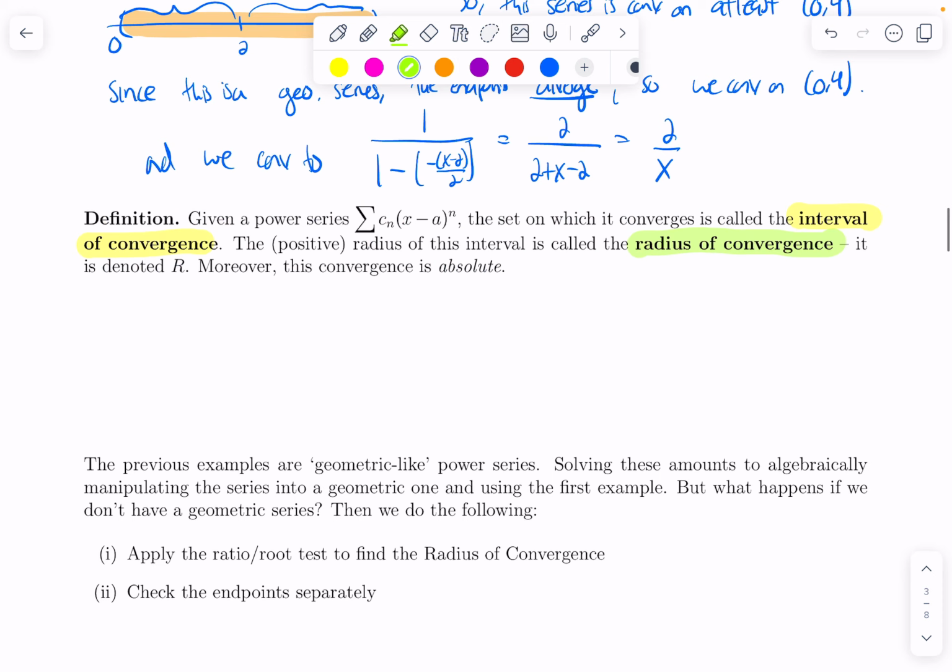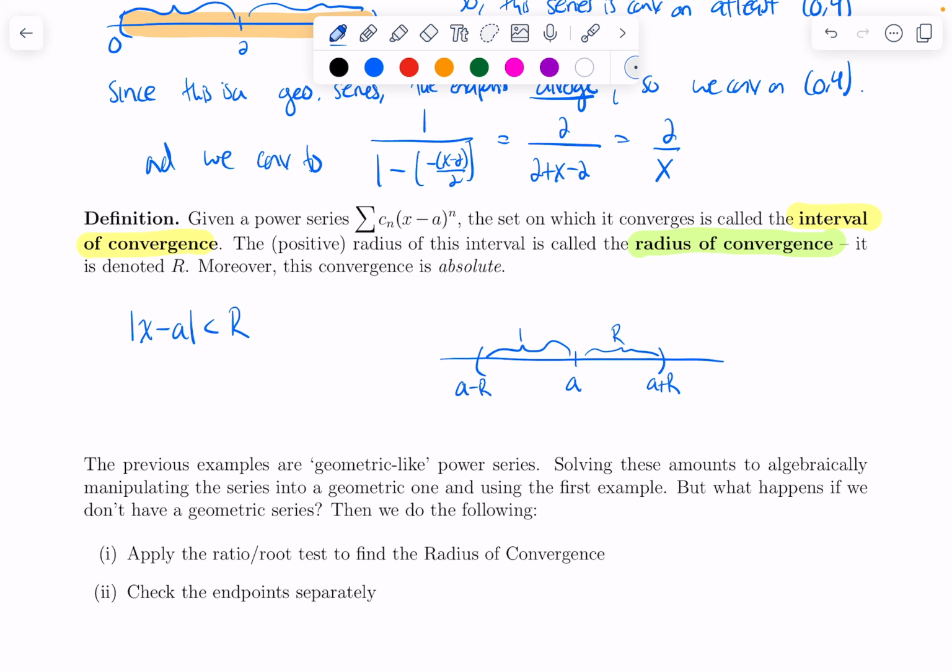The picture I have in mind is: if I'm working with something like absolute value of x minus a is less than r, I'm working with a real number line, a center of a, a radius of r taking me to a plus r, and a radius of r over here taking me to a minus r.